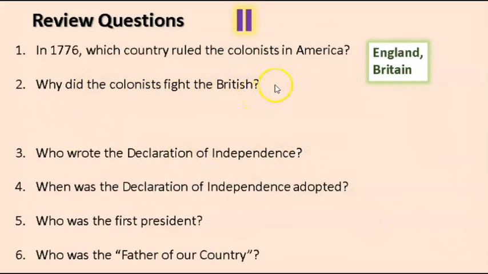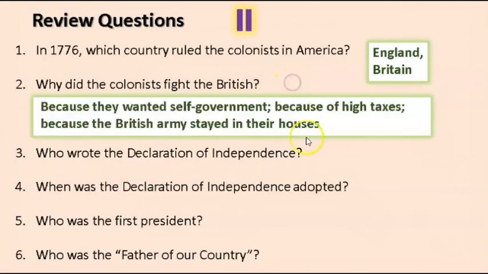There were 3 reasons. Can you remember the reasons? Because they wanted self-government, because of high taxes, because the British Army stayed in their houses. On the citizenship test, you only need to know one of these answers.